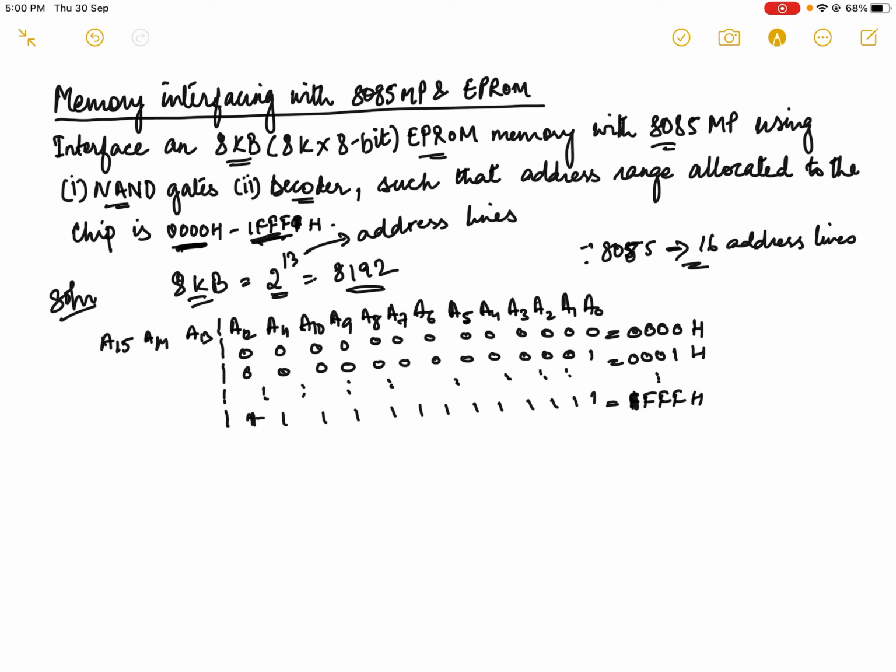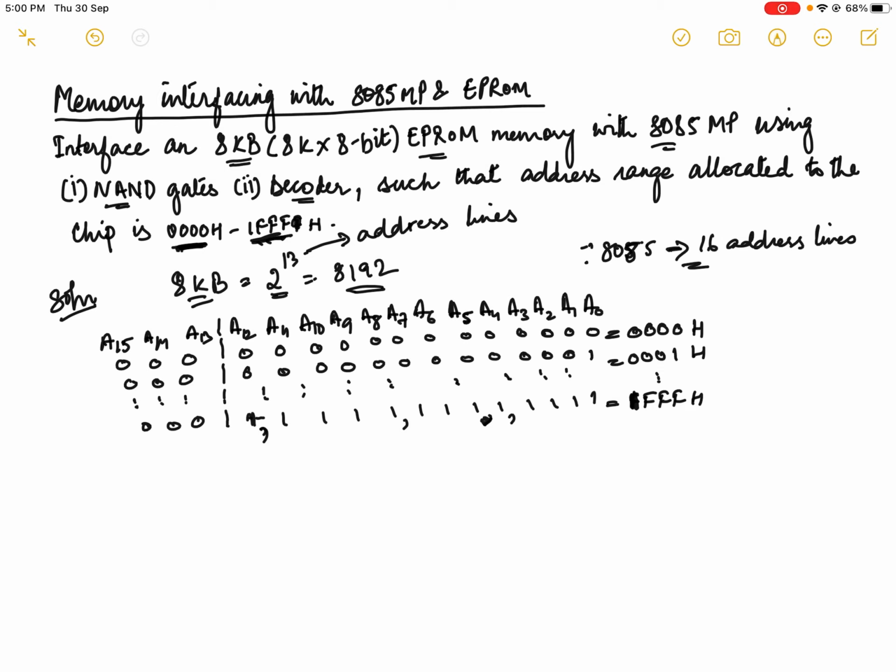To fall in this range, we have to make the remaining three lines 000. In hexadecimal, if you combine them in groups of four, the digits come out as 1, F, F, F, to fall in this particular range.